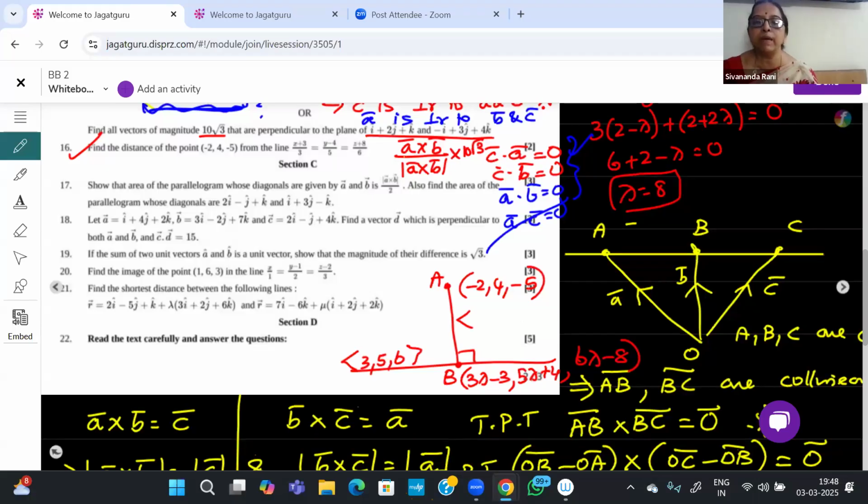And DRs of AB are 3 lambda minus 1, 5 lambda, 6 lambda minus 3. Understood? So that's what she said. Dot product is 0. So I can fix lambda, re-substitute it here, get the distance. Understood? So in case they ask you, the image will be down below. So we can get it.